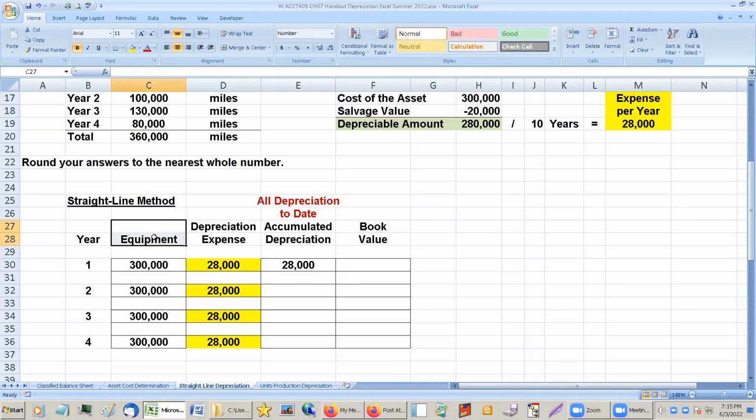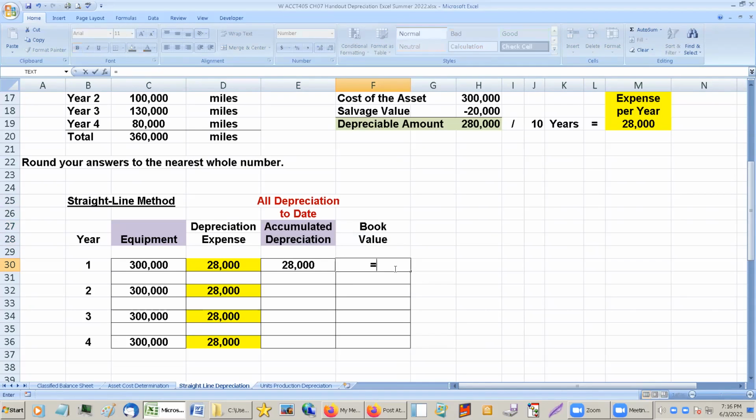And what we're going to do is take the equipment minus the accumulated depreciation, and that will equal our book value.